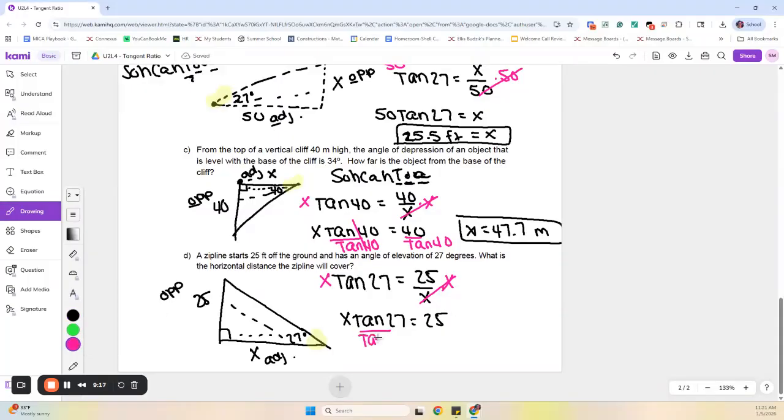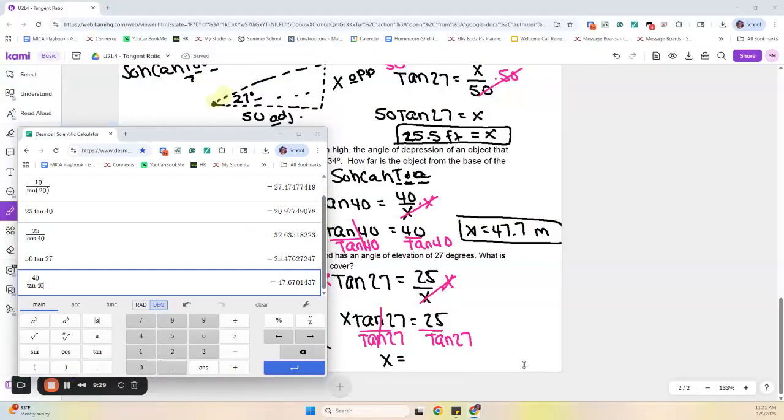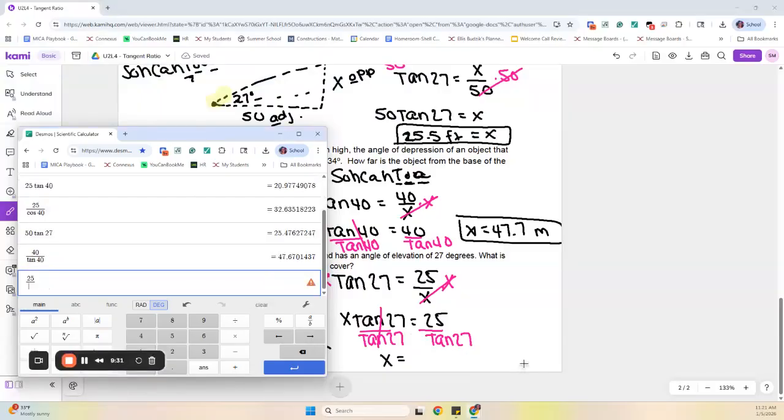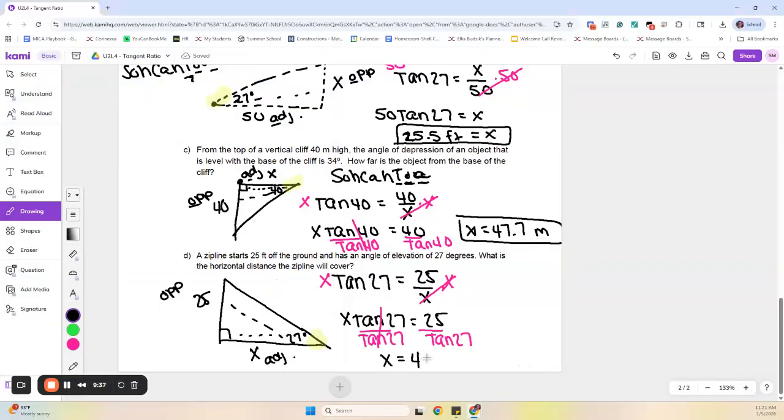Divide by tan 27. And then we get x equals 25 divided by tan 27, which is 49.1-ish feet.